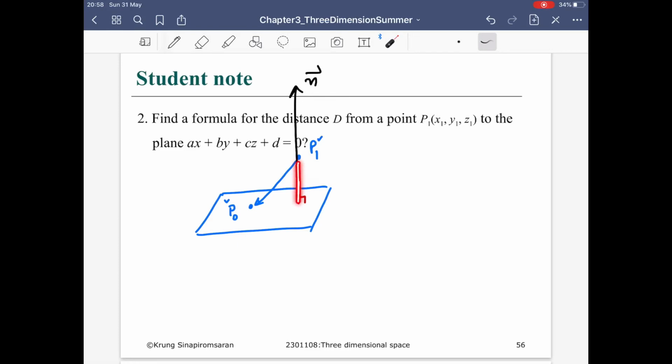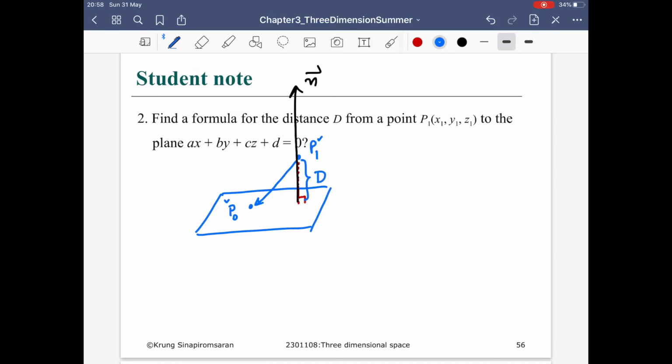So what is this one over here? It is actually an orthogonal projection, right? It's a projection from this vector onto this vector n. So what you really need to find is this distance d.